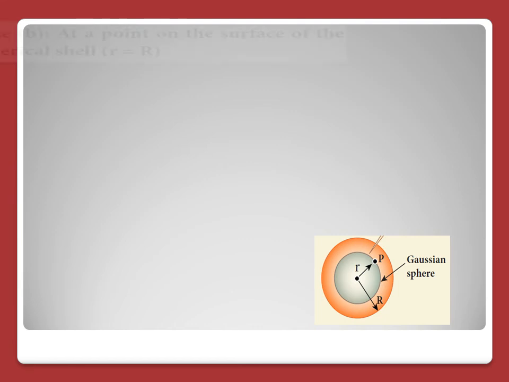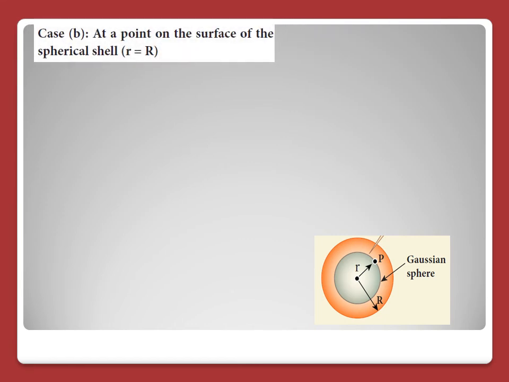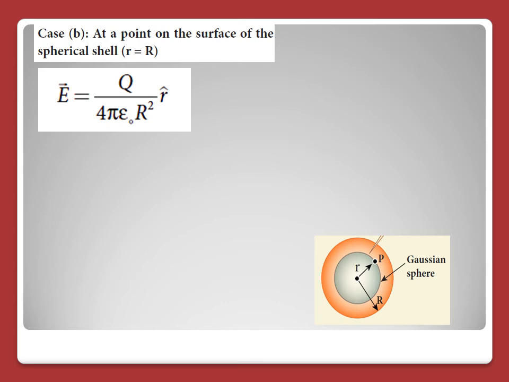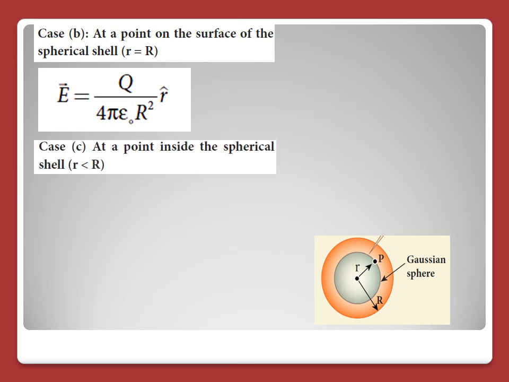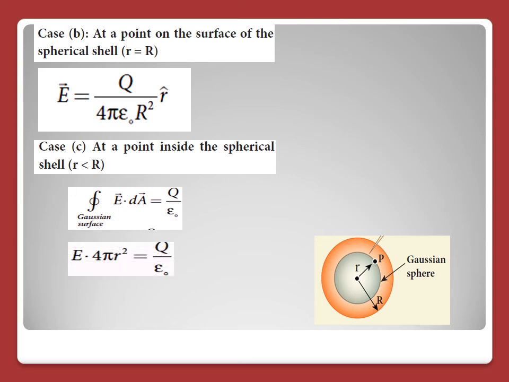Now, the next one is if it is going to lie on the surface of the sphere. The same equation, instead of small r, you write it as capital R. So, E vector is equal to Q by 4 pi epsilon naught capital R squared r cap. And the third case, at a point inside the spherical shell, that is what will happen to the value of E. That is integral of E dA is equal to Q by epsilon naught.